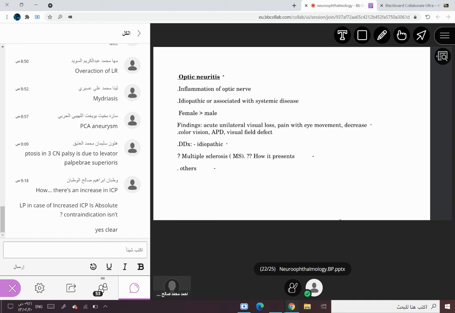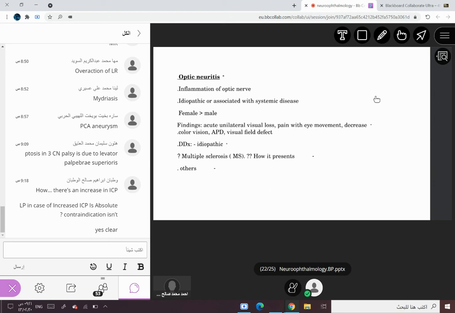So in optic neuritis, the most important thing that you should know is that optic neuritis can present either as papillitis, which involves the optic disc head or optic nerve head, or as retrobulbar optic neuritis.